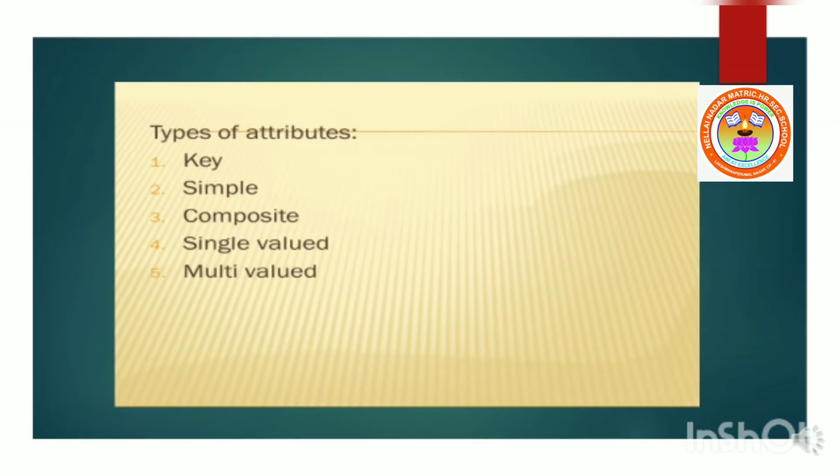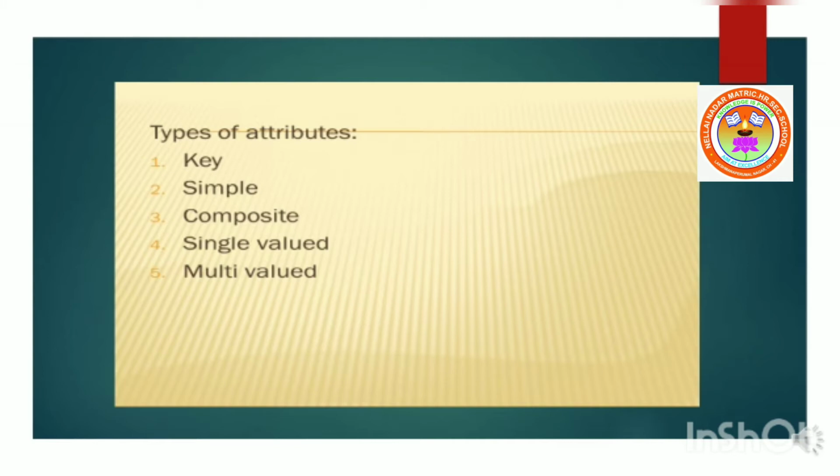What are the types of attributes? Key attributes, simple attributes, composite attributes, single valued attributes, and multi-valued attributes. So this is a very, very important 5-mark question. ER model.